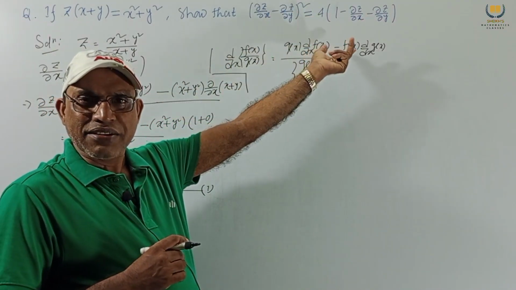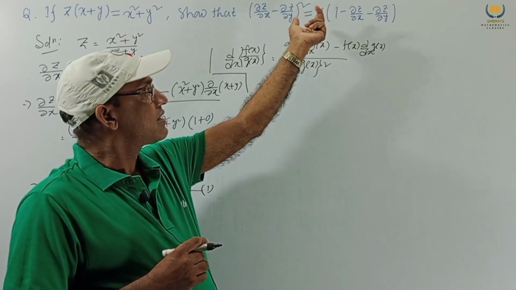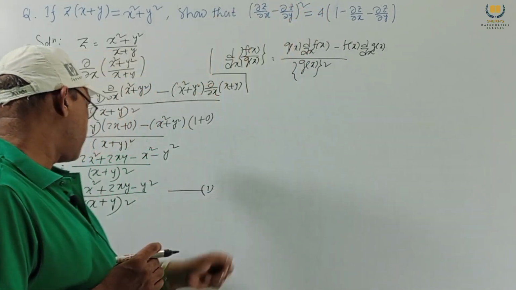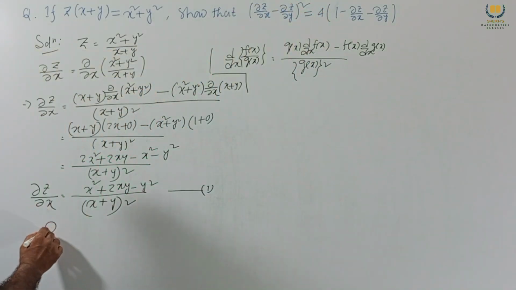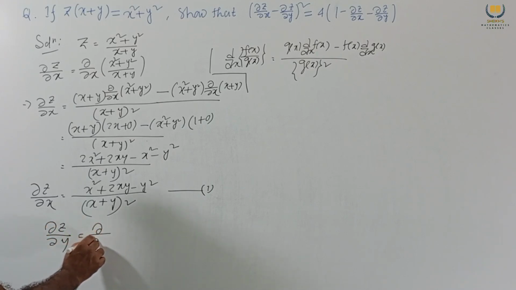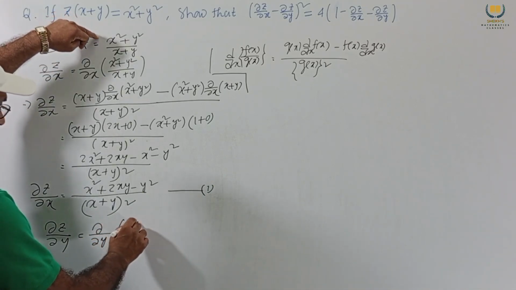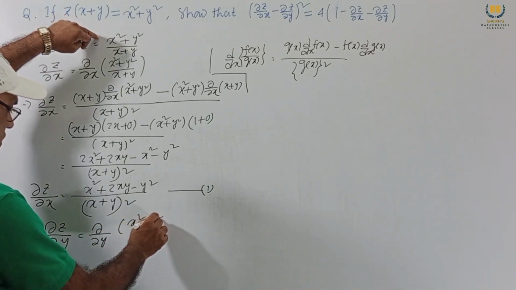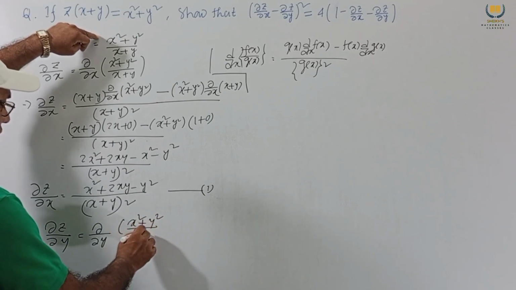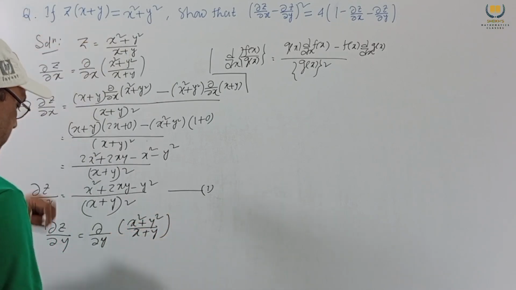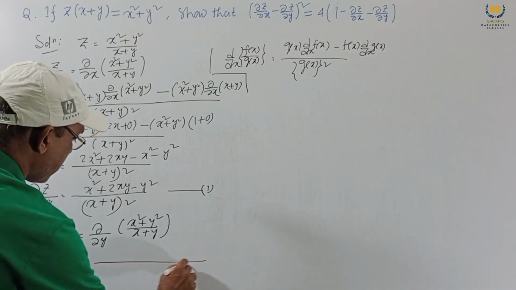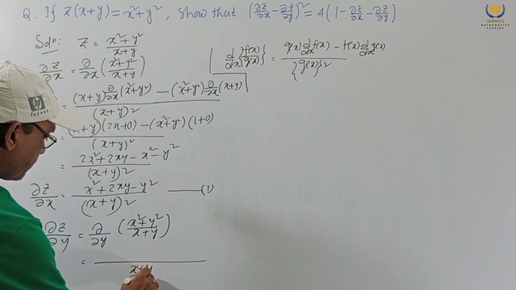In the answer given, del z/del x and del z/del y, first we find this, next we find this. Next we consider del z/del y, and we write x square plus y square by x plus y, and this is denominator whole square.